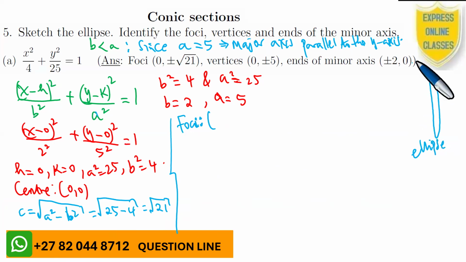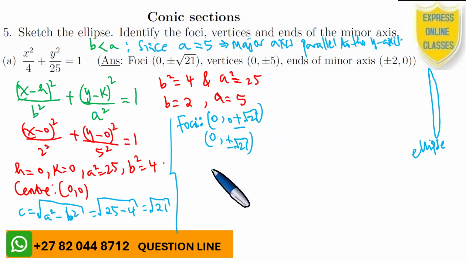Because you're going up, you're going to add to y. So you have 0, and then 0 plus or minus the square root of 21, and this will be the foci. Okay. And then now we need to find the vertices.